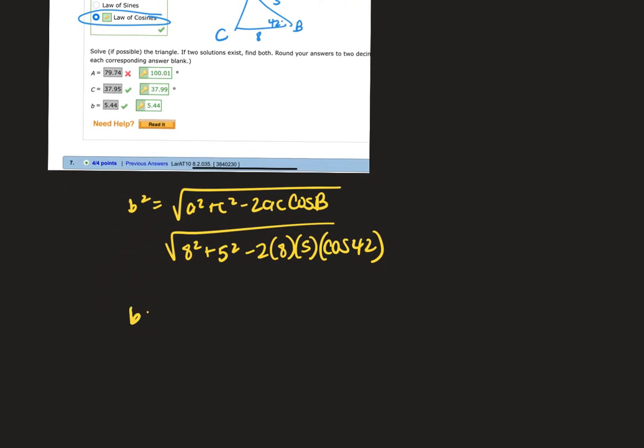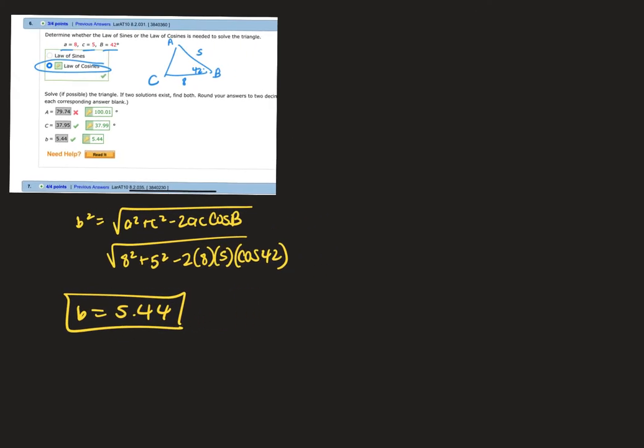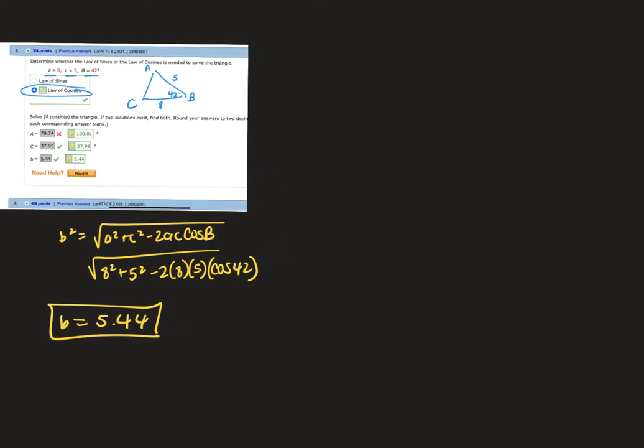And B should have been 5.435, so 5.44. Then you've got to be careful in what order you go if you're switching to law of sines. So I would just recommend sticking to law of cosines. If you stick to law of cosines, eventually you're going to find angle A and C. So did you find C first or A first?